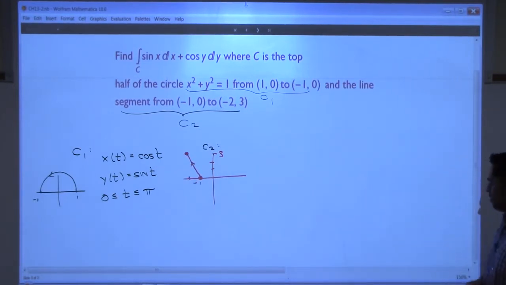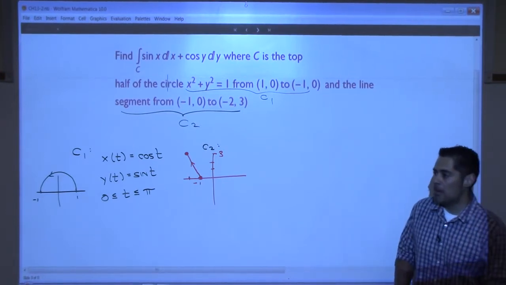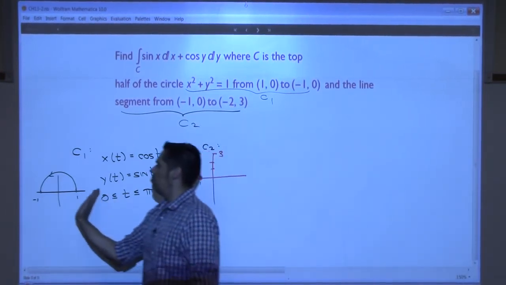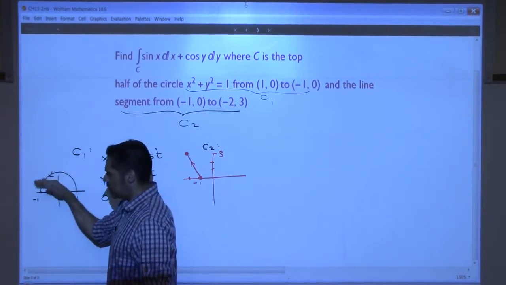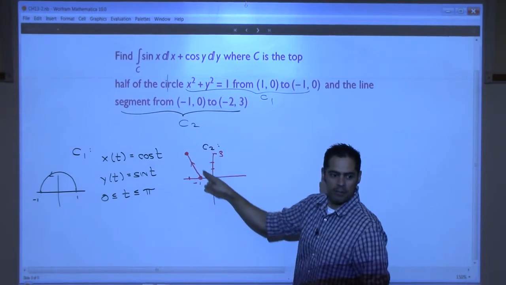Notice I put little arrows on there to show the direction of motion here. Like when I start t at 0 to pi, it goes like this. And then I want to go from here to here.